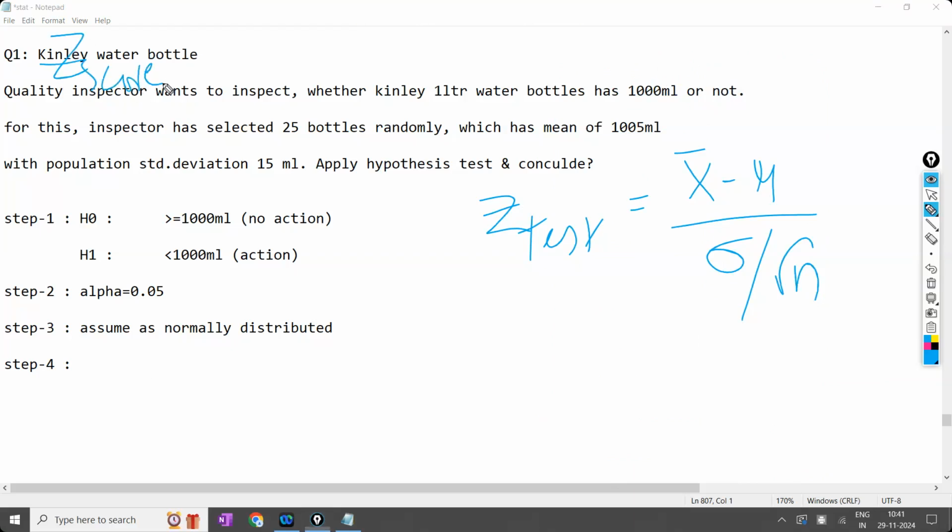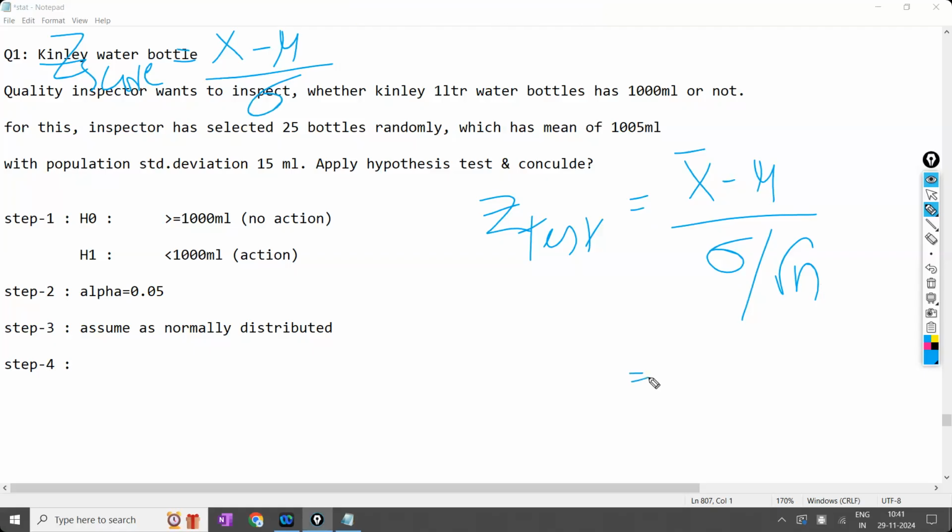The z-score is x minus mu divided by sigma, and it is x, not x bar. Here x bar, we are not converting every value. It is the overall data: sample mean minus population mean, divided by population standard deviation by square root of n.